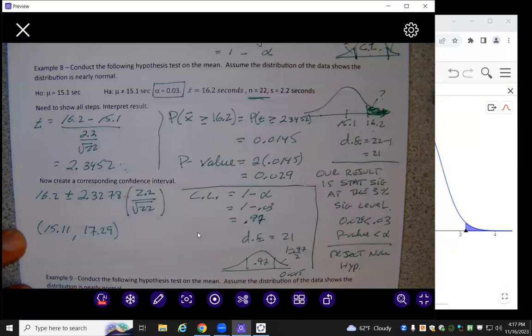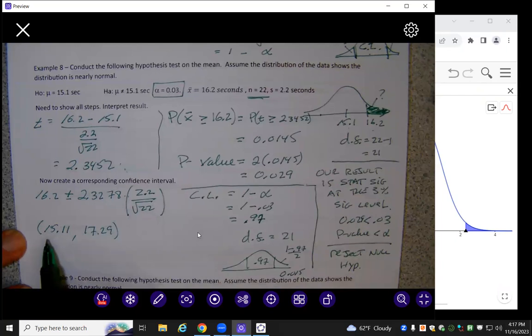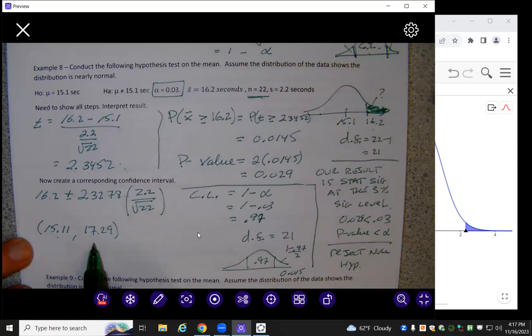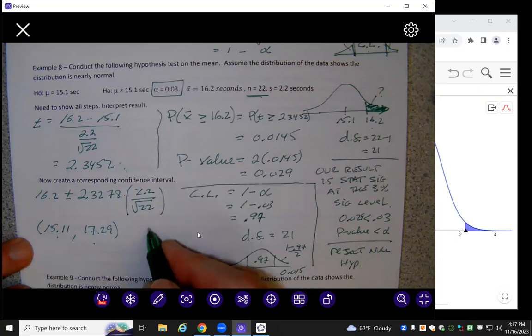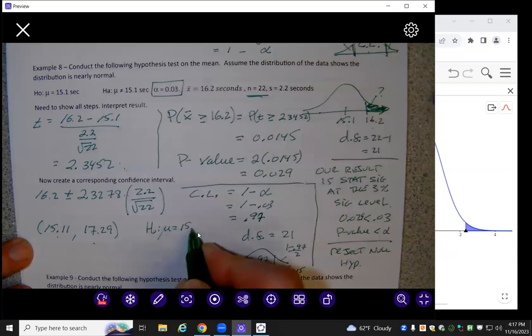Okay, and now what's happening here? Well, notice again, I'm 97% confident that my parameter is between 15.11 seconds and 17.29 seconds. Now, where is our null hypothesis? Well, our null hypothesis, remember, H0, was 15.1.